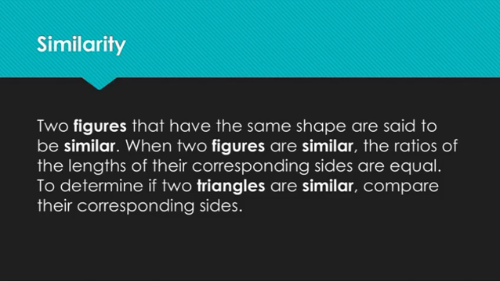And all the corresponding sides of a triangle, say, or any shape, will have the same ratio for all pairs of corresponding sides. So when two figures are similar, the ratios of the lengths of their corresponding sides are equal. To determine if two triangles are similar, for example, we just need to compare their corresponding sides.